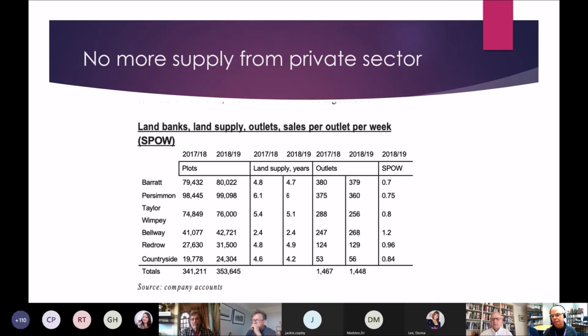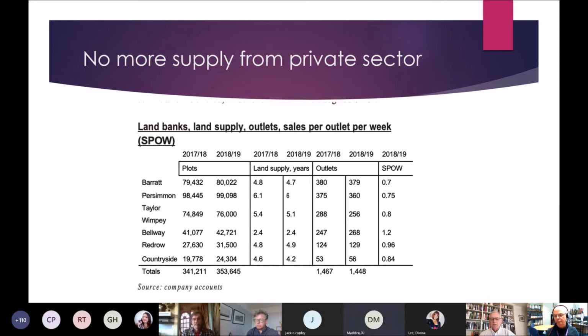If they don't sell at 0.7 a week and they're hanging around, they don't bring the price down, God forbid. They start to introduce free kitchens and things to speed up the sale. And the whole idea is to keep it between those figures. That is the valve that controls housing supply for most house builders in Britain today.